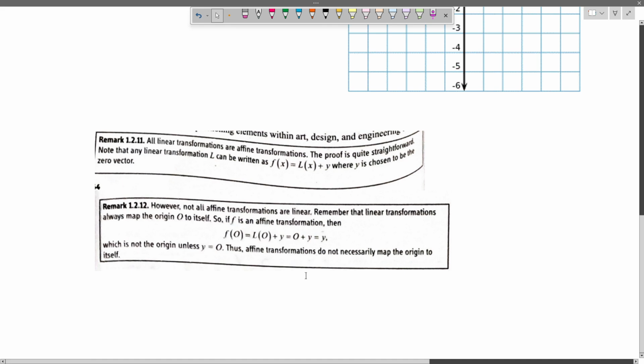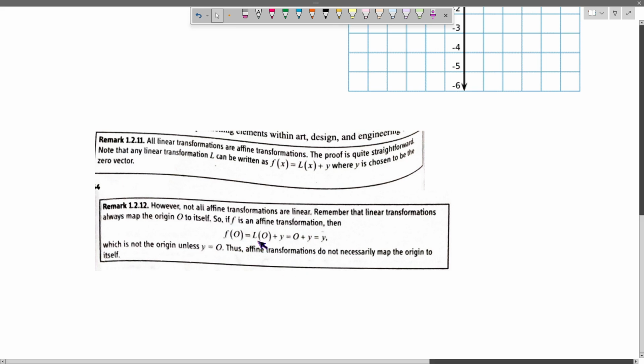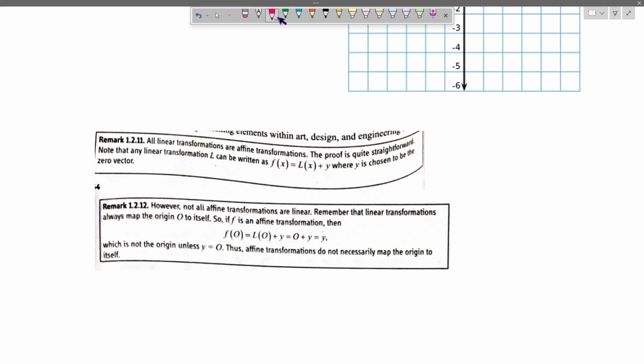Not all affine transformations are linear, because in linear transformations we always map the origin to itself. But that's not the case here, because if we have the origin and we move it 1 unit to the right, then it's not going to be at the origin anymore, right? So not all affine transformations are linear transformations.